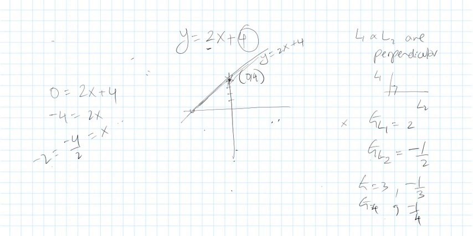So I know that it crosses the x-axis at minus 2. So this is how you can actually do a quick sketch given the equation of the line: reading the equation of the line, looking at the gradient to know it's a positive slope, looking at the y-intercept so that you can locate where it crosses the y-axis, and finding the x-intercept by equating y to 0. Okay.